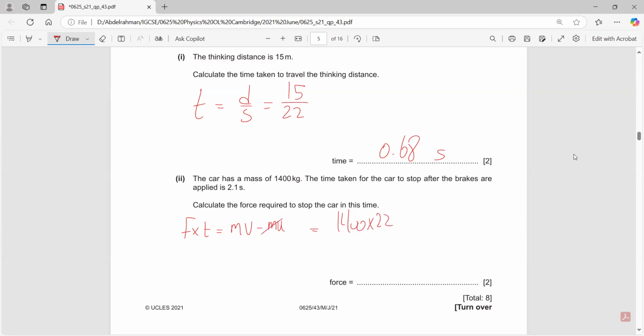To find the force, you need to divide by time, which is 2.1 seconds. 1,400 times 22 divided by 2.1 would be 14,666, which could be 14,700 newtons. Please do not forget the units.